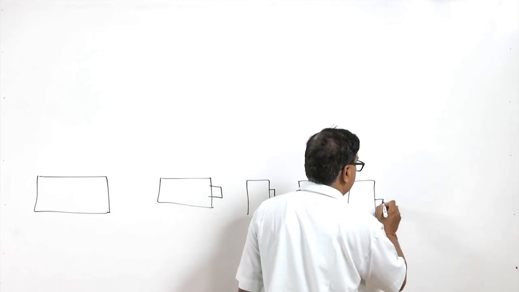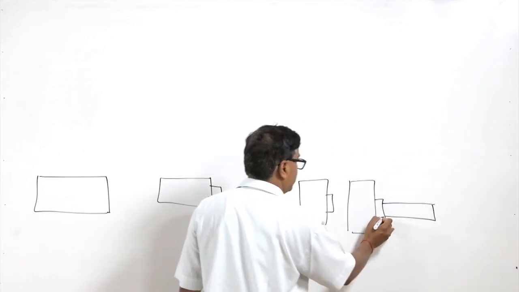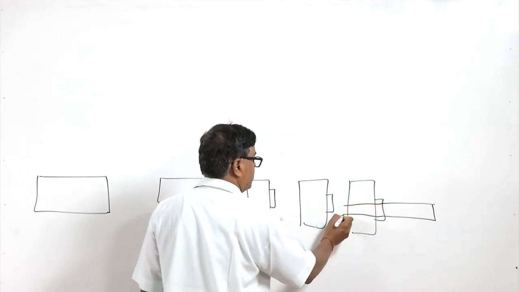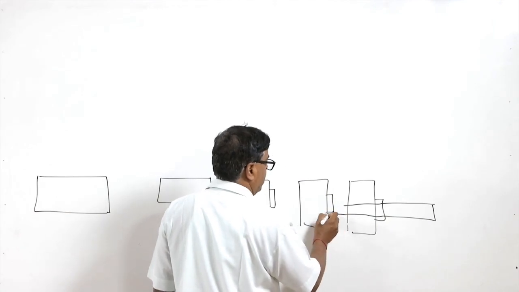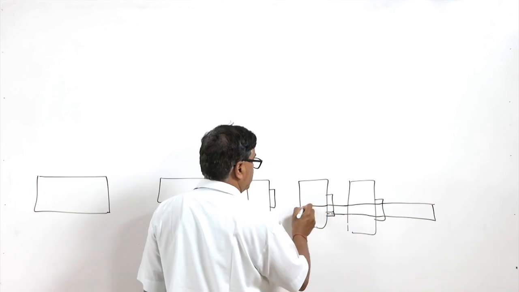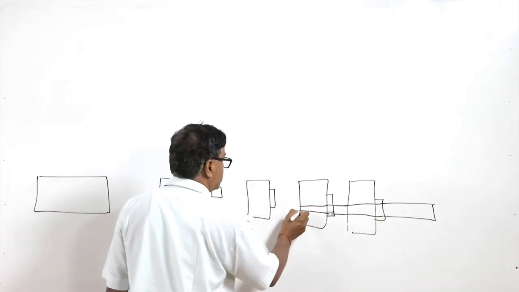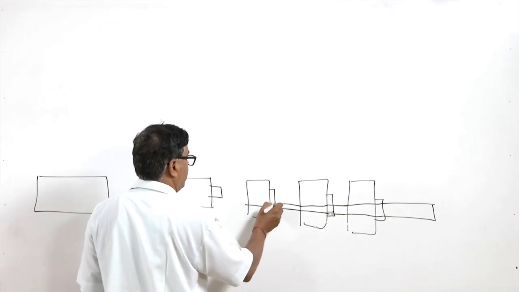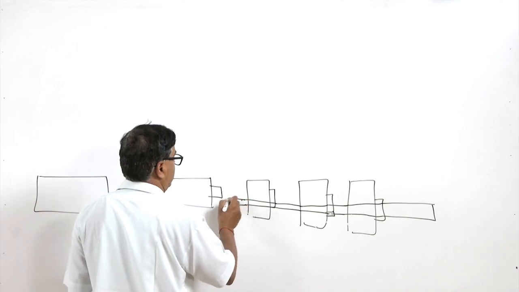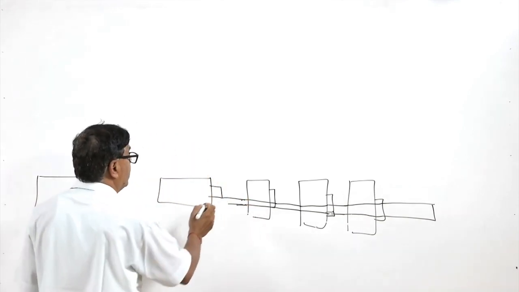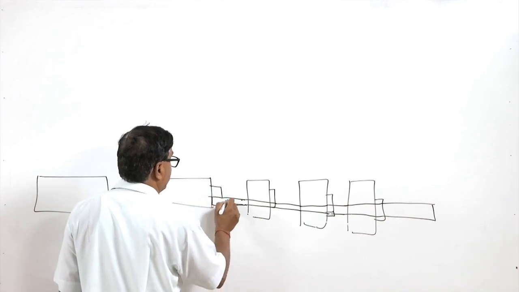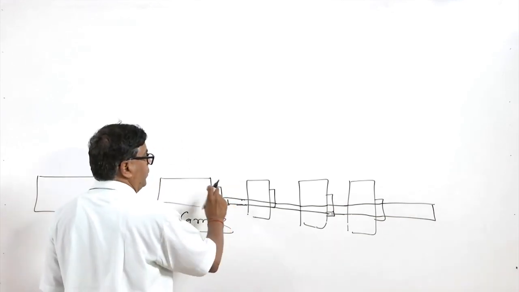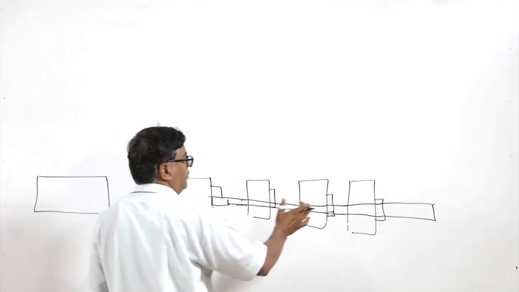The wire to be drawn is inserted from here, first lubricated, then drawn and reduced in diameter, then lubricated again and drawn again, so again there is a reduction in cross section. This is how it keeps on drawing, and at the end it is connected to the carriage, which holds the wire and pulls it.